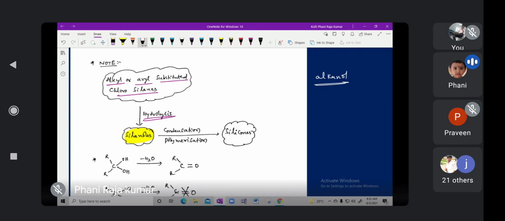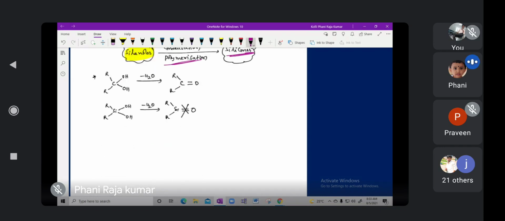These silanols immediately undergo condensation polymerization and give silicones. Alkyl or aryl substituted chlorosilanes, hydrolysis gives silanols. On condensation polymerization, they are converted into silicones. Just to mention, carbon surrounded by 2 OH groups, elimination of water, yes, this is possible. Silicon surrounded by 2 OH groups, elimination of water, this does not happen.